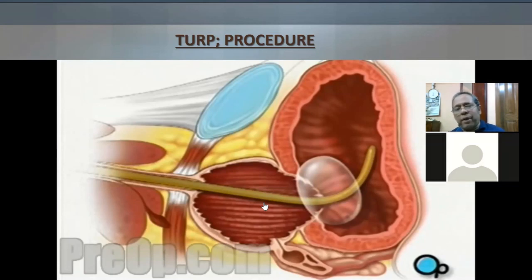Both capacities are 30, but we usually give only 10 to 15 ml for a normal individual, where needed only to relieve retention or for any other surgery. Because if you inflate the balloon more, there is more irritation of the bladder neck.